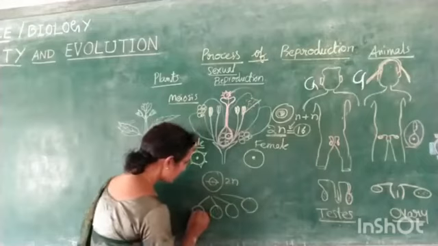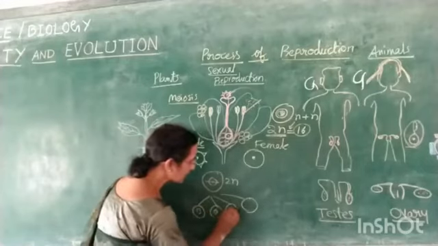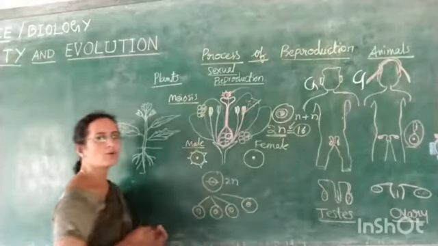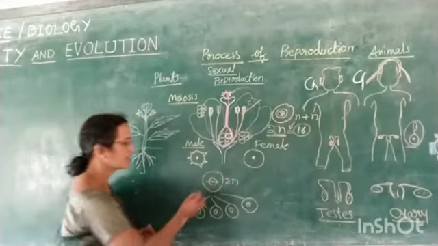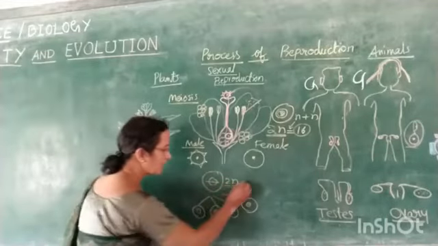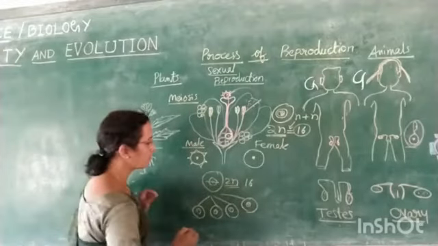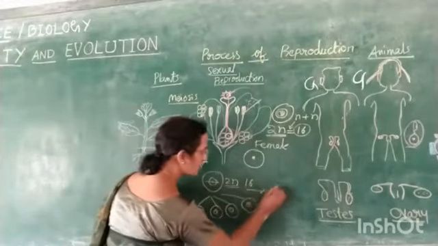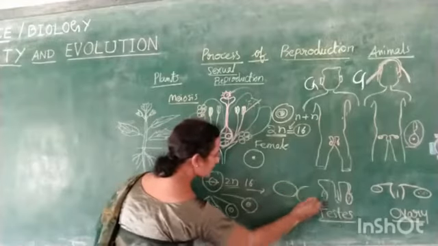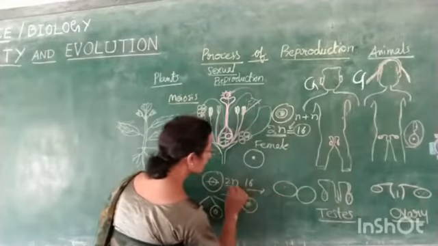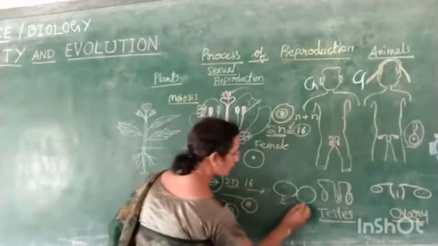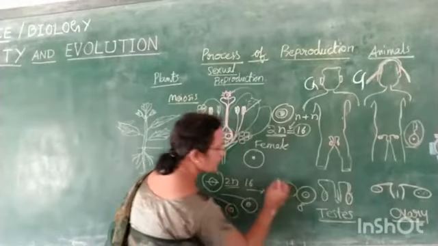Those 4 cells will have the reduced amount of chromosomes. Here we have 16 chromosomes in the parental cell, and this divides to form 2 cells having 8 chromosomes in the nucleus.